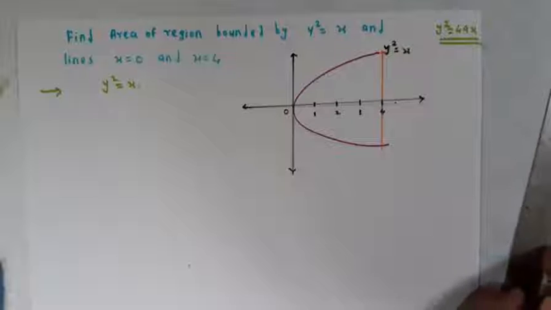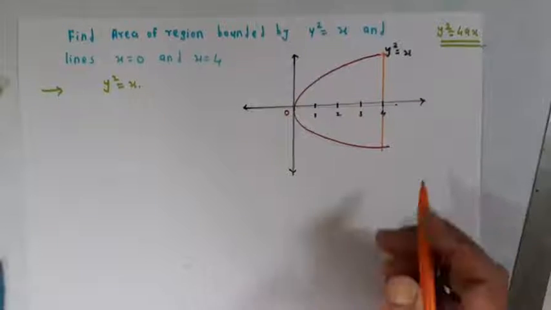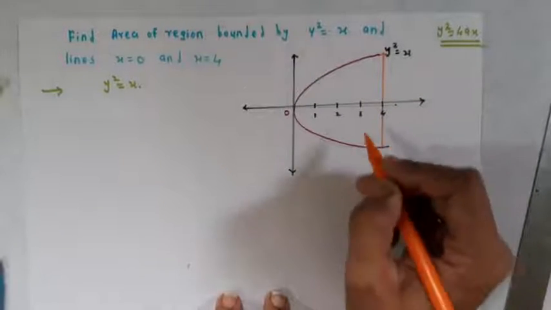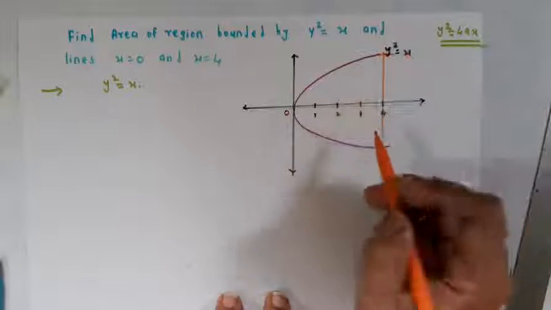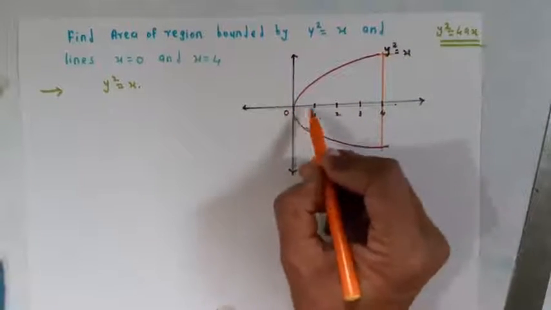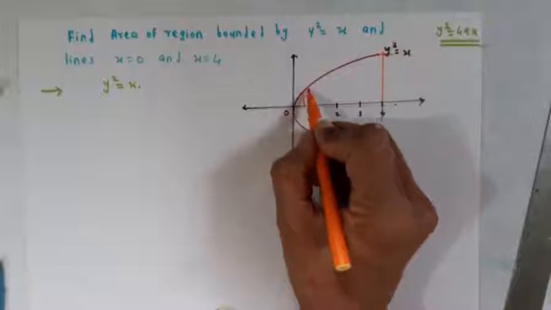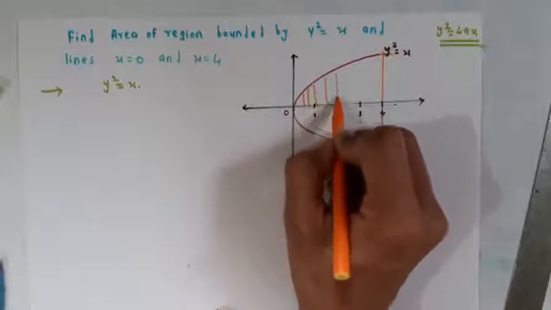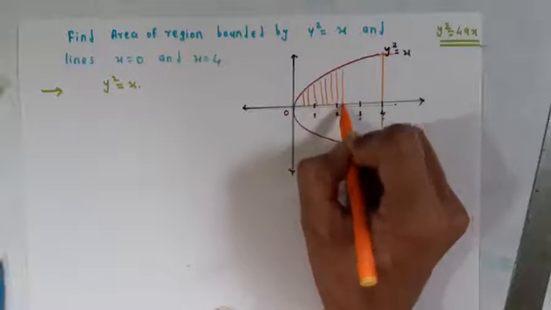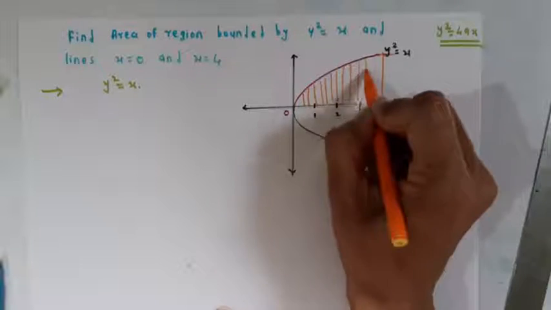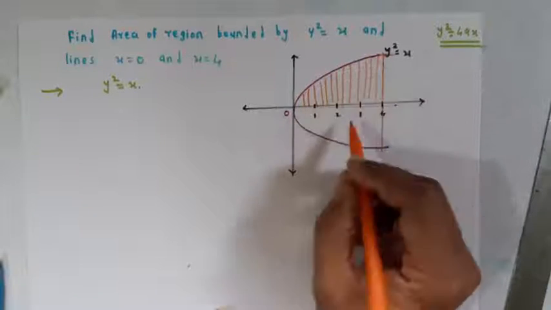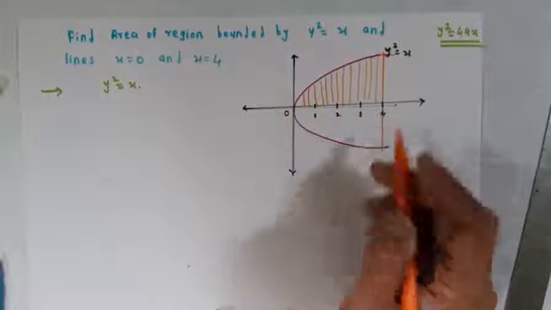Now to find out the area, this is the area in the first quadrant. So the shaded portion is the area in the first quadrant. We have to find out the total area.